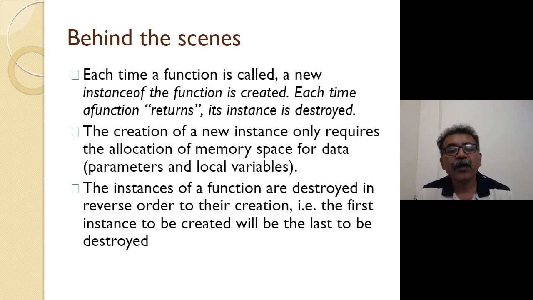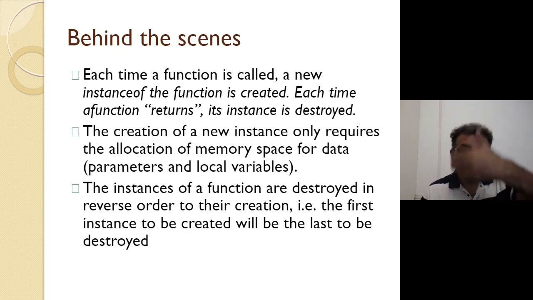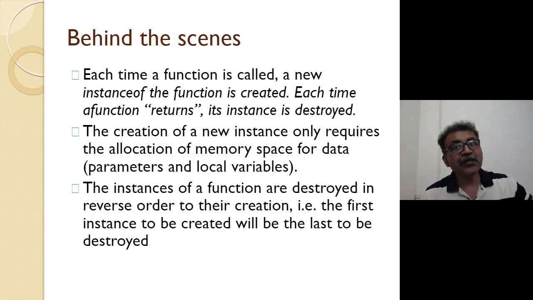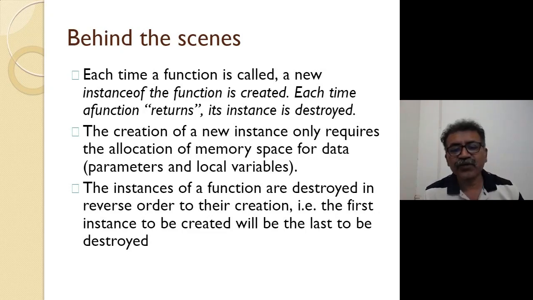Instances of the function are destroyed in reverse order. I told you that the control goes in reverse order. At that time the whole expression is solved. So the first instance to be created will be the last to be destroyed. F is equal to 5, that function was destroyed last. After that control goes to main.